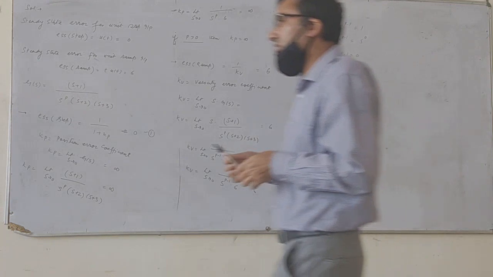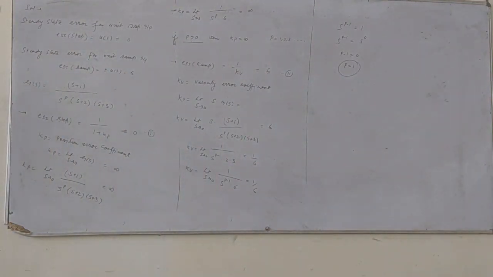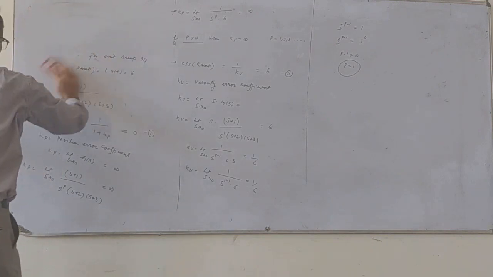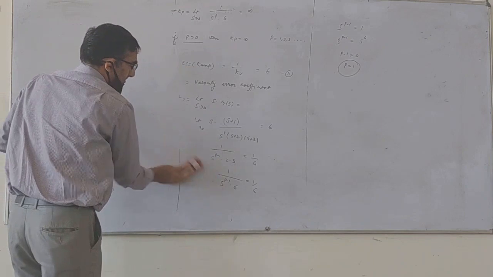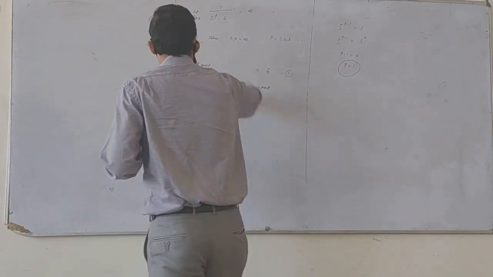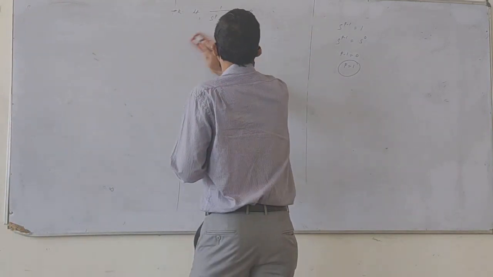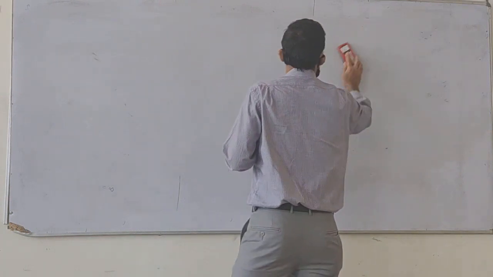Make it fast, otherwise I will solve it. Please solve it fast. It's a unity feedback, so g of s h of s should be g of s. You can write simply g of s. Open loop transfer function is g of s h of s. Here it is given, no problem.